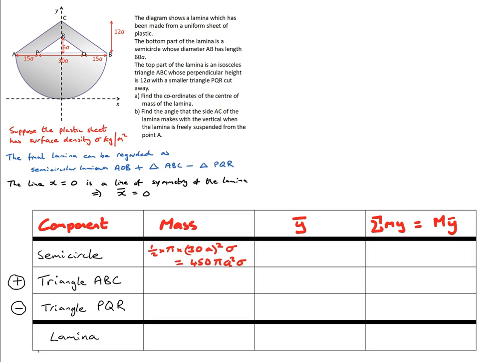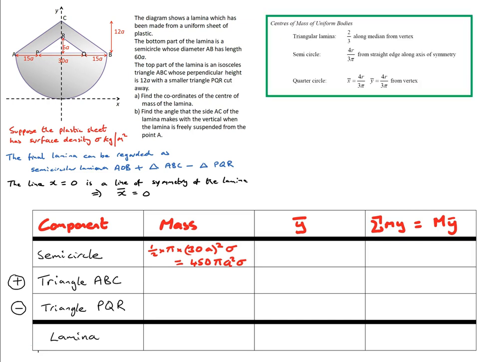The centre of mass of a semicircle is given to us in the formula booklet. We're told that it is 4r divided by 3 pi away from the straight edge of the semicircular laminar.